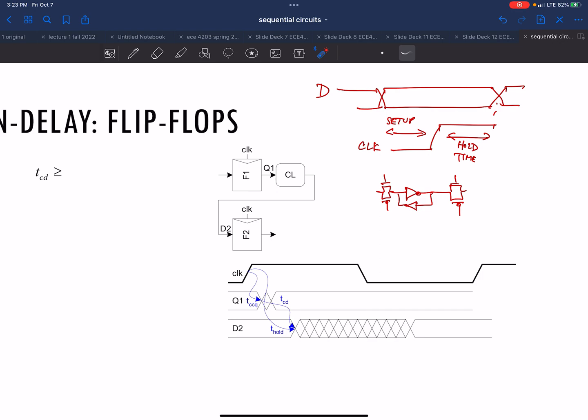We haven't gotten to the simulations yet, but when you get simulation models, you get slow simulation models, fast simulation models, whatever. So every gate has several delays that the factory is telling you, like this is a slow version, this is a fast version. So you can make these changes in your simulation and see if it breaks, and see if it breaks in the same way that things not working in the lab.